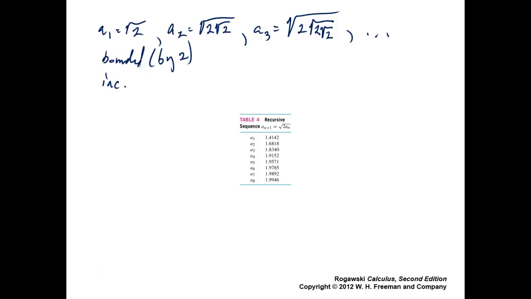It says, prove that the limit L, which is the limit as n approaches infinity of a sub n, exists. We just showed it. It's bounded and it's increasing. The limit exists. But then it says compute its value.